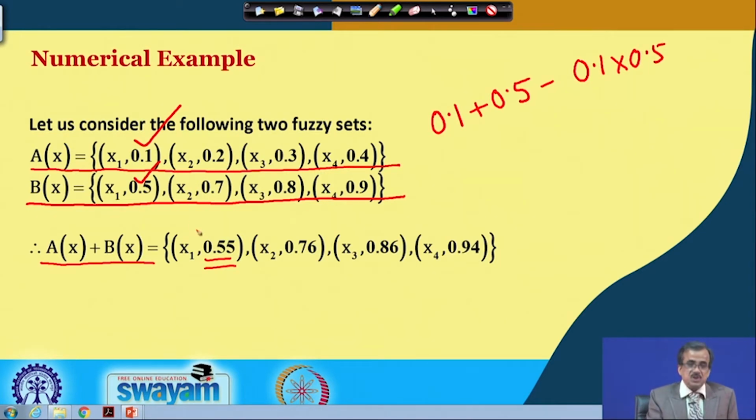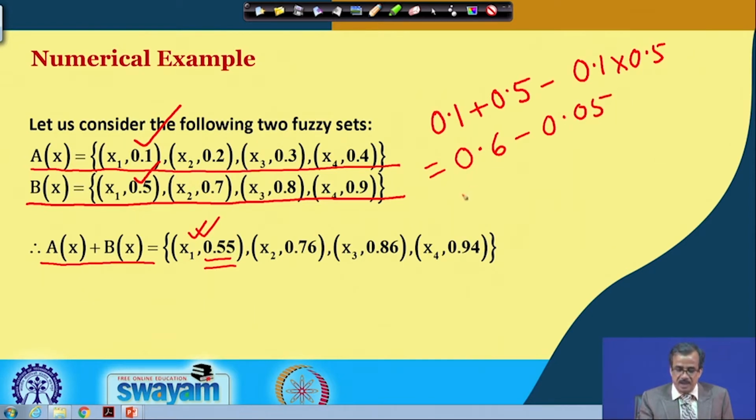That will be actually the mu corresponding to this particular x 1. So, this is nothing but 0.6 minus 0.05, and this is nothing but 0.55. So, corresponding to x 1, we have got the membership function value 0.55.